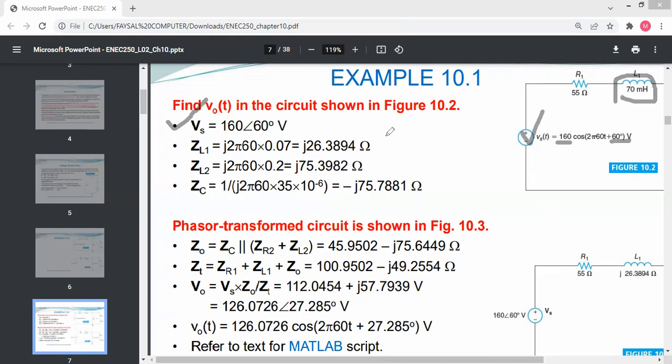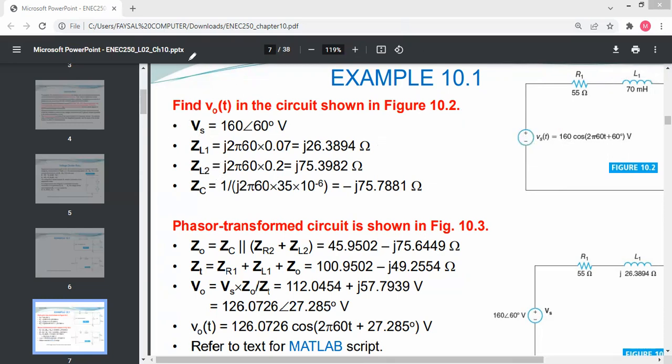The formula for impedance ZL is j omega L. So j 2 pi 60 into value of L. Just putting the value for ZL2, it will be same. So this is the way we have to find ZL1, ZL2, and ZC.